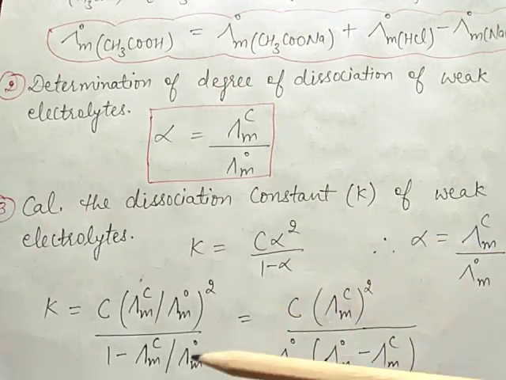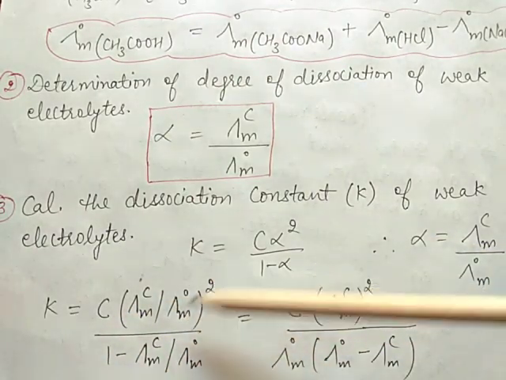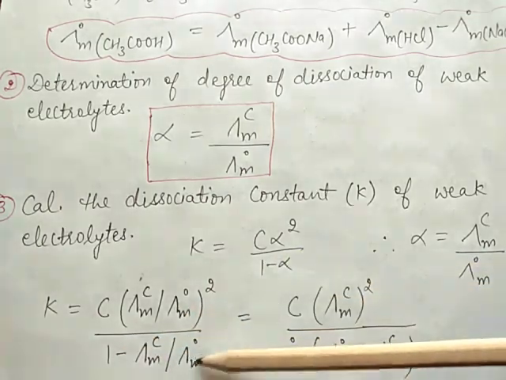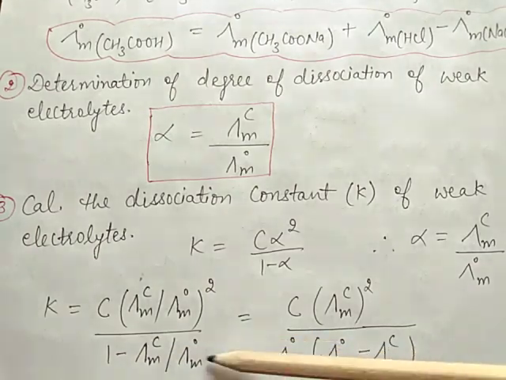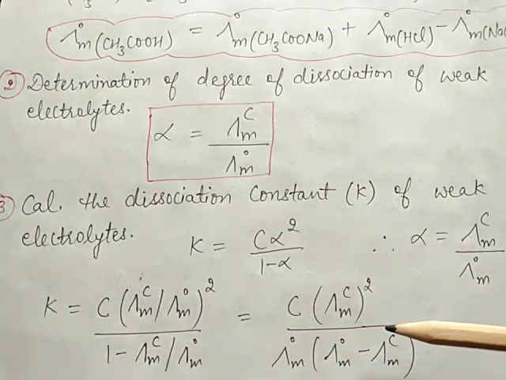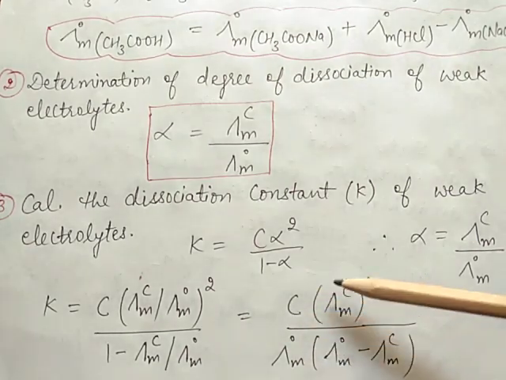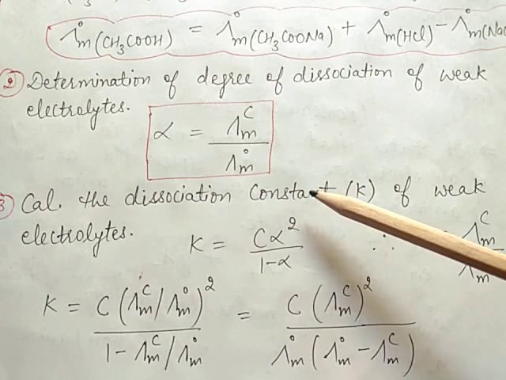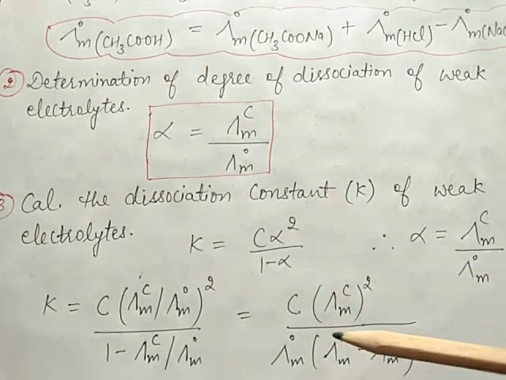Putting this value here and taking common terms, this is the relationship. With the help of this formula we can easily find the dissociation constant of a weak electrolyte.